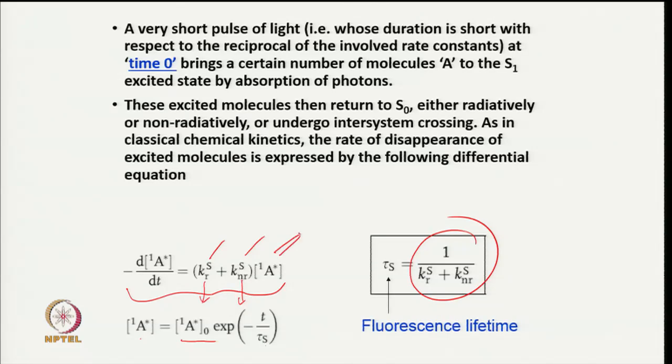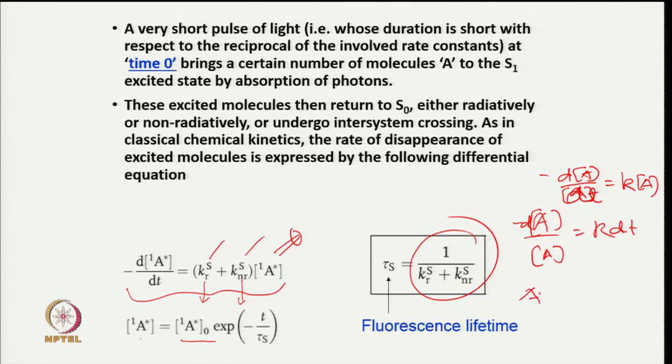So, this is a simple first order chemical reaction. If I have minus dA by dt is equal to kA, then we write minus dA by A is equal to k dt, and the solution of this is A is equal to A naught exponential minus kt.